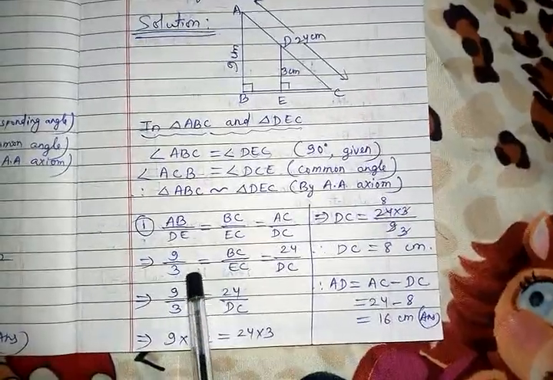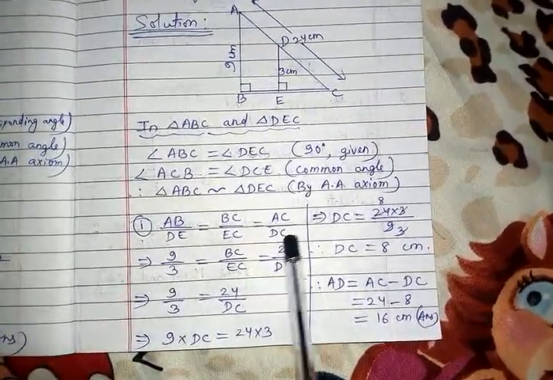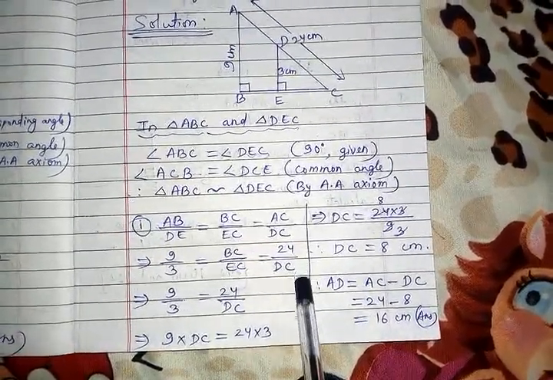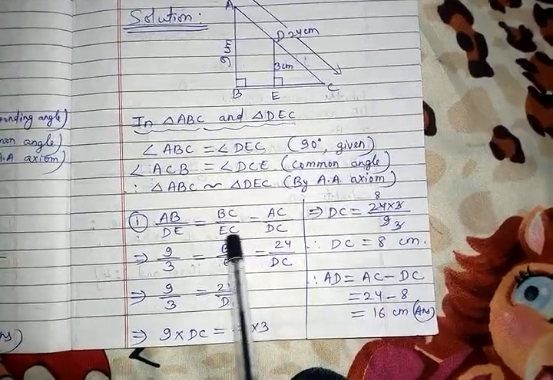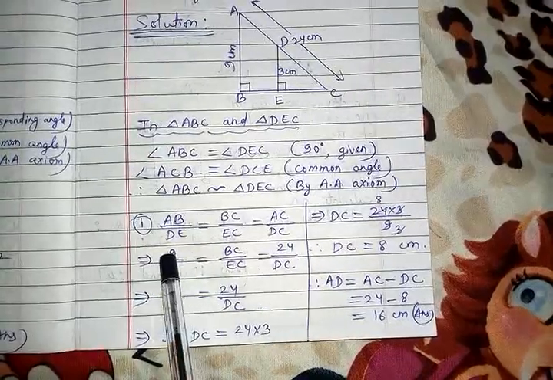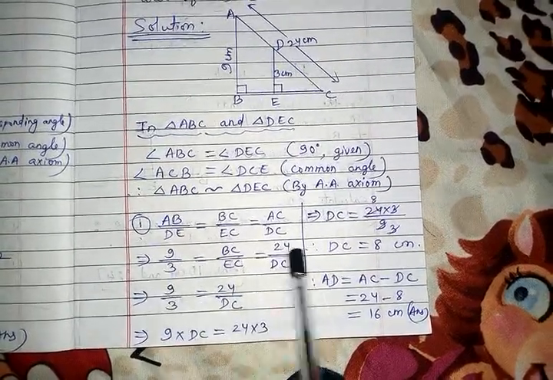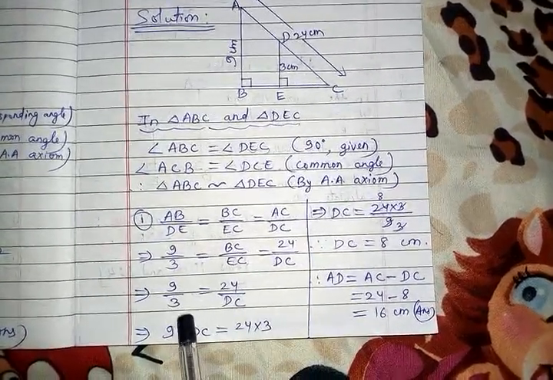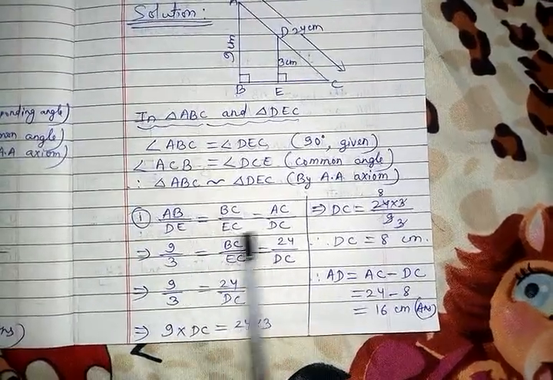The part that is completely not given we don't take in the next step. So we took the first proportion and the last proportion.